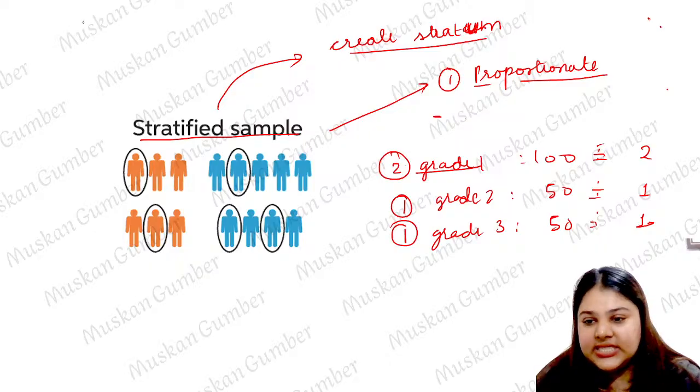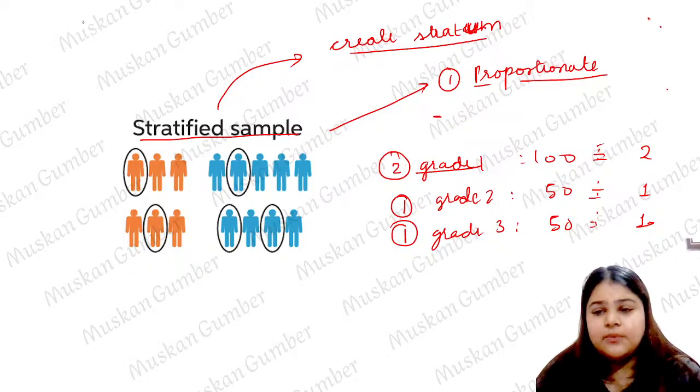Arshia is saying, ma'am, but in some books I have read that this type is not probability. No, Arshia, this is a type of probability sampling, because even though they do not have equal chance, we are not saying that everybody will have an equal chance of getting selected. We are saying that we can calculate that chance.